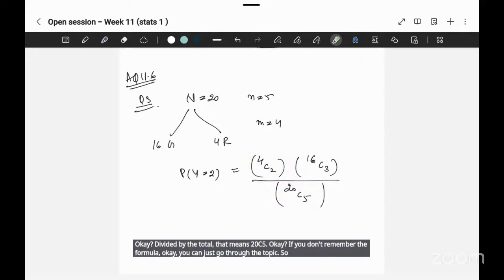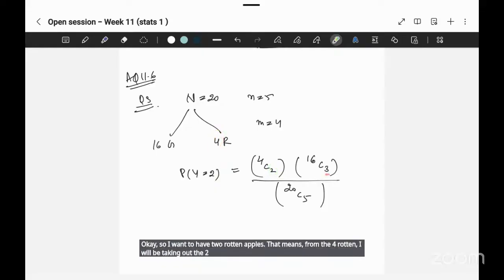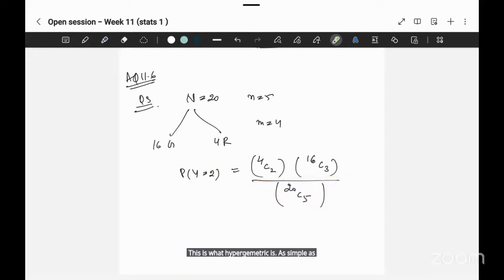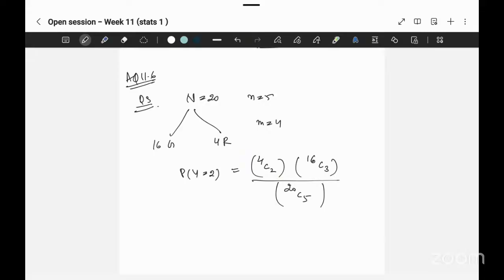I want to have 2 rotten fruits, so from the 4 rotten I will be taking out 2 and the rest of the 3 will be taken out from the good ones. This is what hypergeometric is. It's as simple as that. If you don't remember the formula, just go by the definition. Clear? Yes. Okay, then let's see any other question.